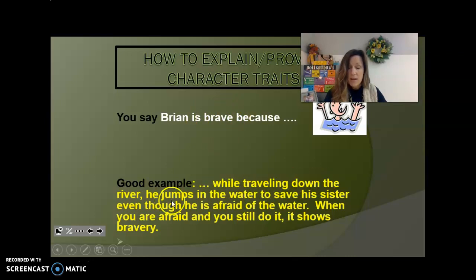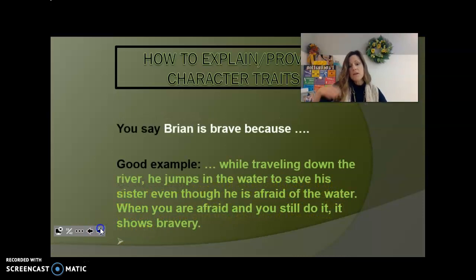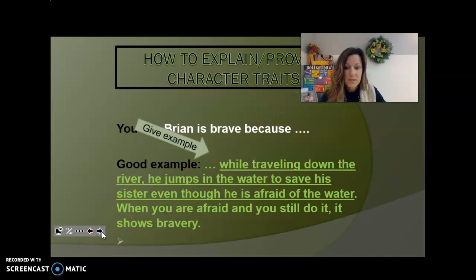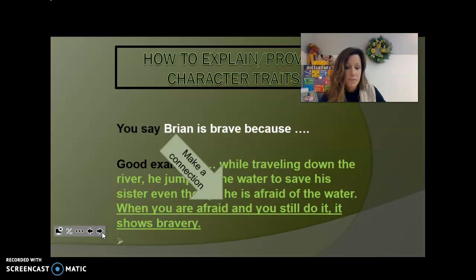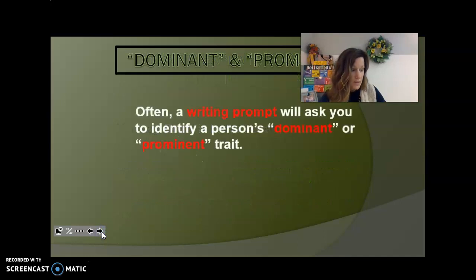Then you're using evidence from the text about how he jumps in the water to save his sister, even though he's afraid of the water. And then you're making the connection that when you're afraid and you still do it, it shows bravery. That just explains how this is proof that Brian is brave, okay? So here, stating the trait, giving the example, and making the connection. That's what we're going to be trying to do in our work today.